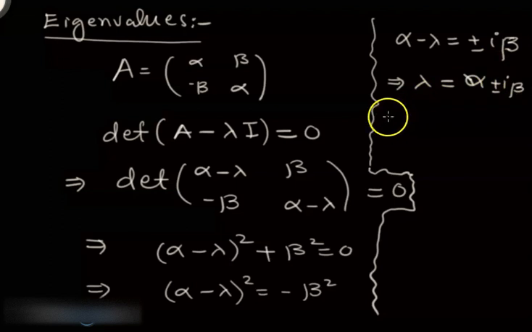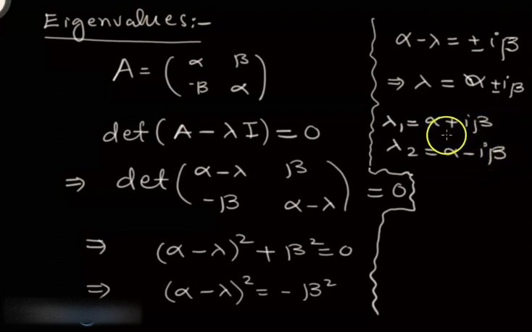So the eigenvalues are lambda 1, let's say alpha plus I beta, and lambda 2 is alpha minus I beta. Now we will move towards finding the eigenvectors, but I suggest that you don't go for both, just find the eigenvector corresponding to any one of these, and I'll go with lambda 1. So lambda 1 is alpha plus iota beta, and I'm interested in the eigenvector corresponding to this eigenvalue.